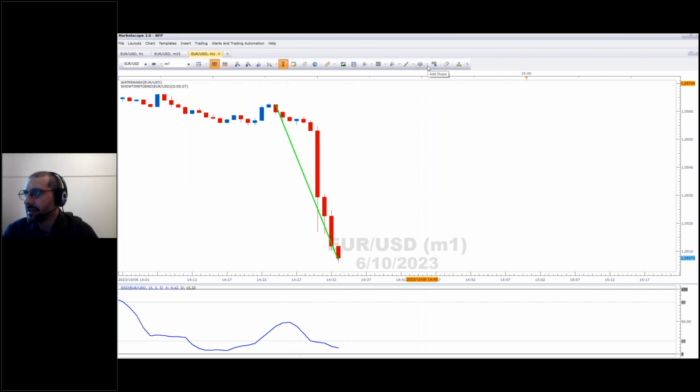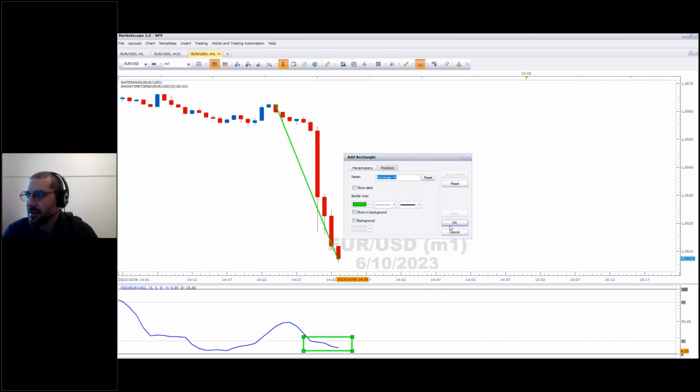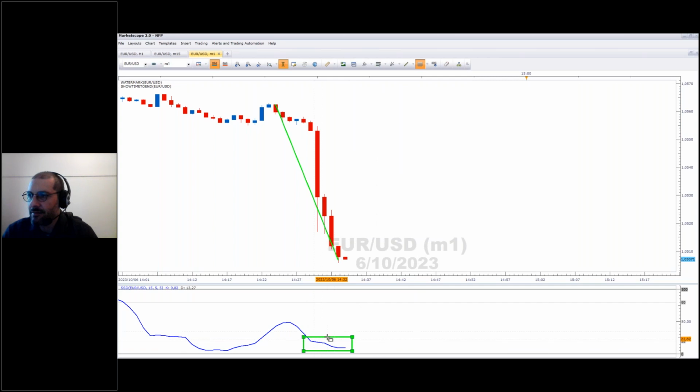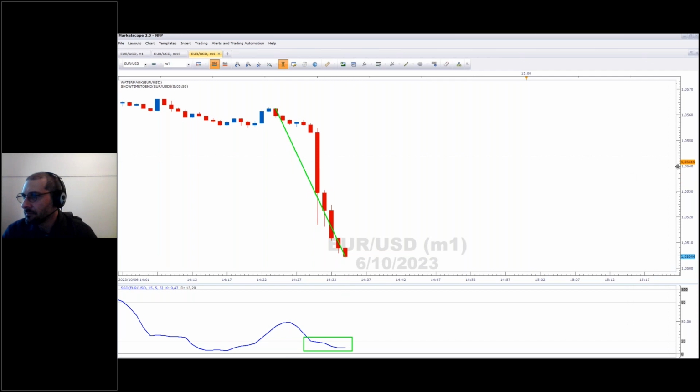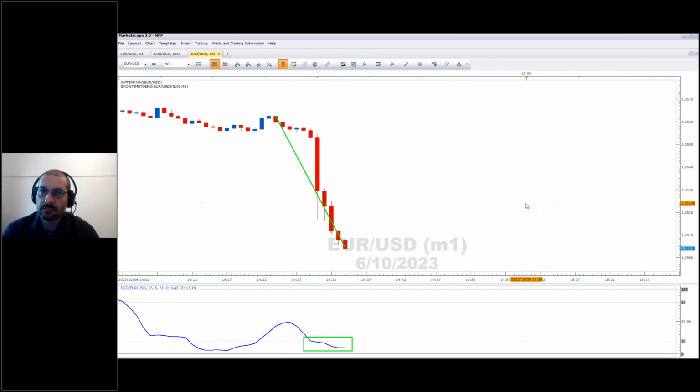Just take a look at the stochastic, how the stochastic has moved into that lower quintile, just telling us that the momentum is strongly to the downside. Okay, so we're just going to see if there's going to be any respite here.